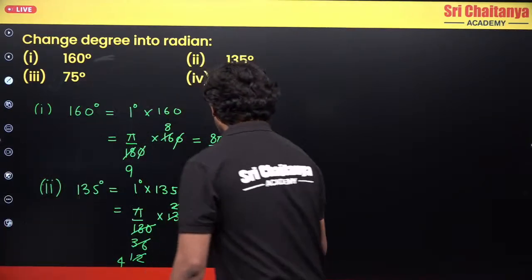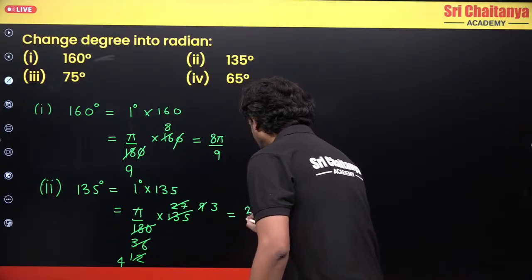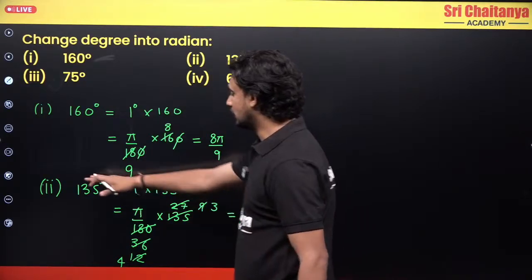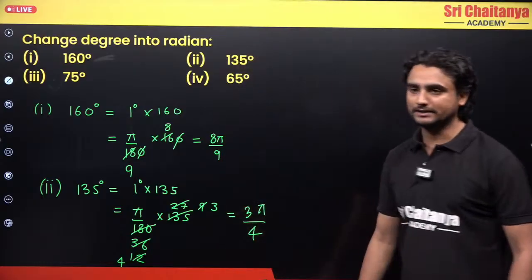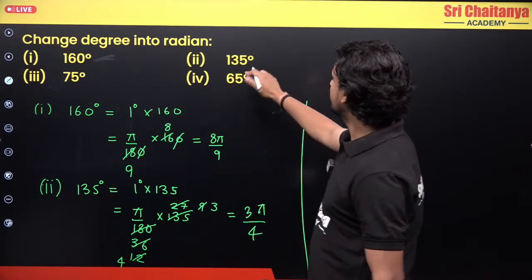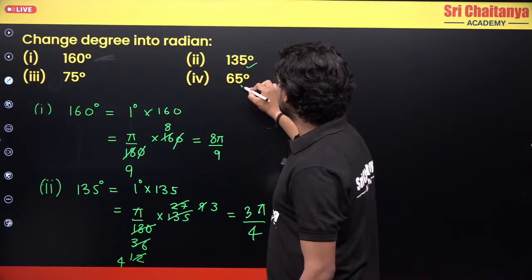This will be equal to 3 pi by 4. So 135 degrees is 3 pi by 4 radians. Please try to solve these two questions: 135 degrees and 65 degrees.